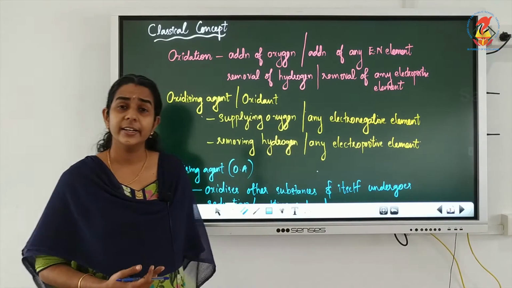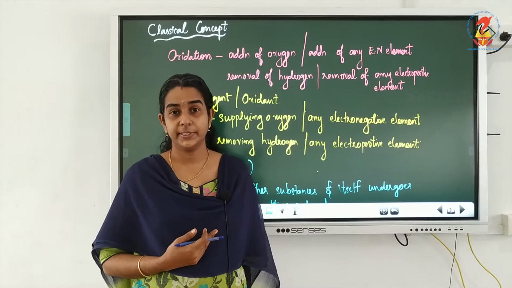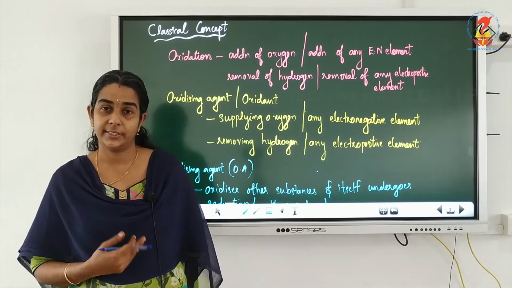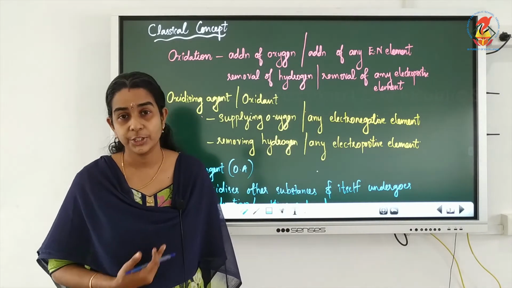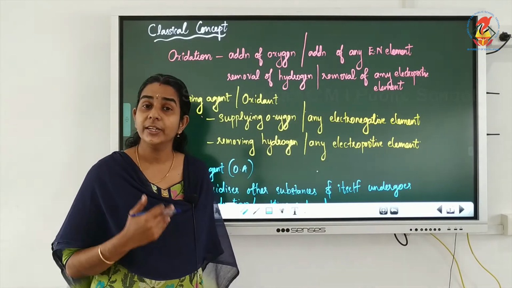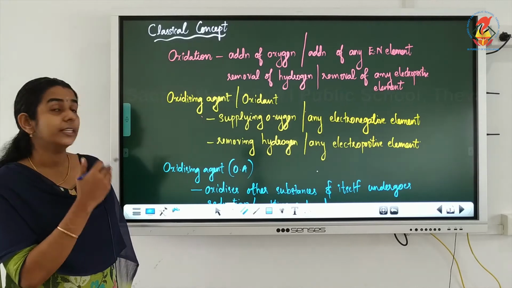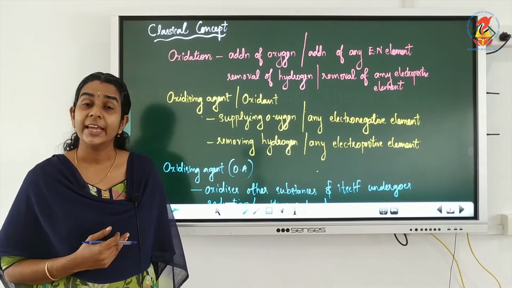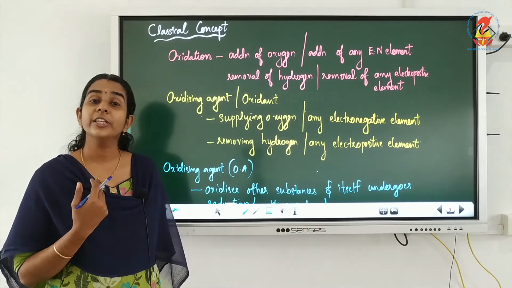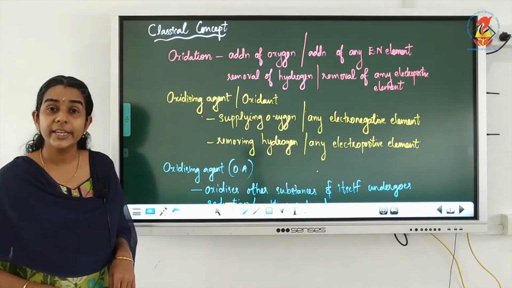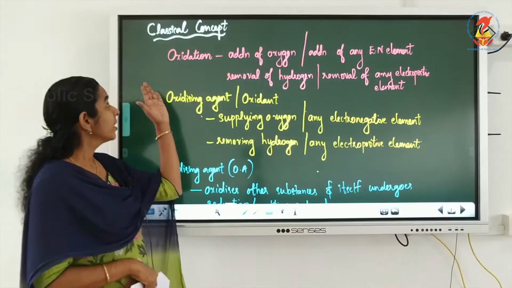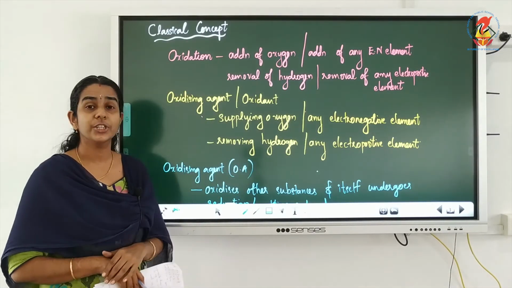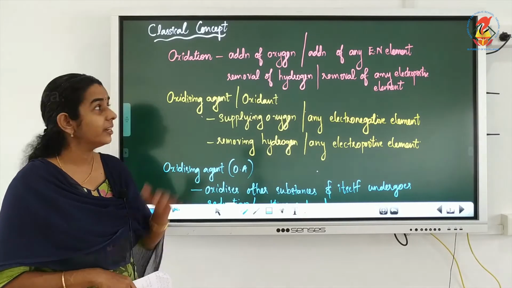Now there are so many concepts to explain this oxidation and reduction process or redox reaction, and one of the methods is the classical concept to explain a redox reaction. According to classical concept, oxidation can be defined as a process in which there is addition of oxygen.